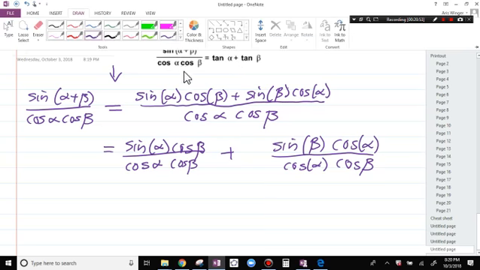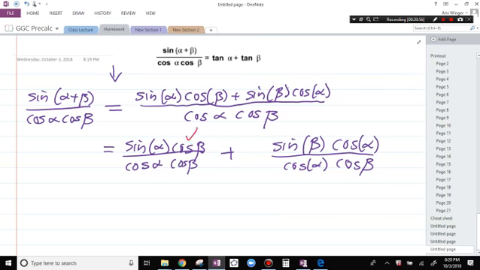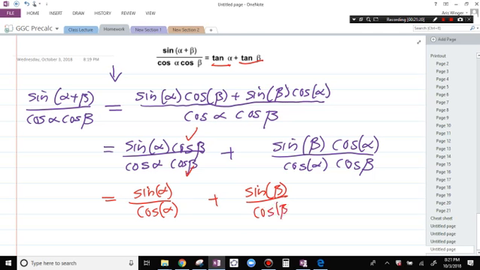We see that cosine beta and cosine beta cancel. You get sine over cosine, which is tangent. Cosine alpha and this cosine alpha cancel. You get sine beta over cosine beta, which is tangent. Right. So they cancel. You get sine alpha over cosine alpha plus sine beta over cosine beta, and that is tangent alpha plus tangent beta.